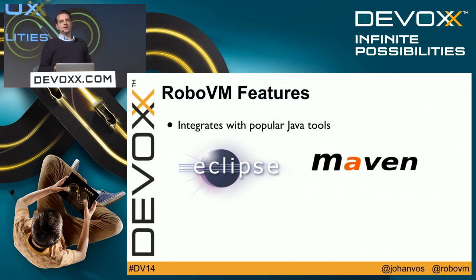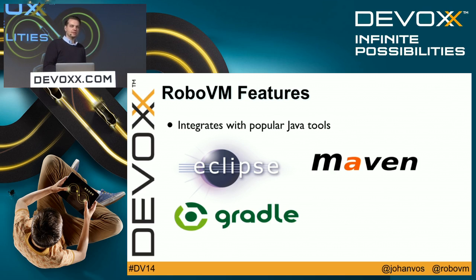We also integrate with Maven. So you can do most of the things from Maven. You can compile an app. You can launch in the simulator. You can launch on a device. You can create a package that can be distributed to the App Store. We also recently added JUnit support to Maven, so you can actually run JUnit tests on a device using Maven.